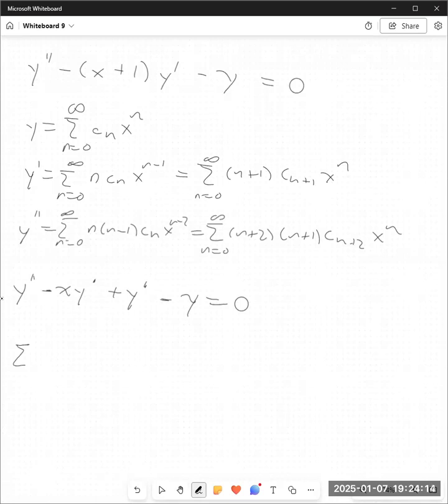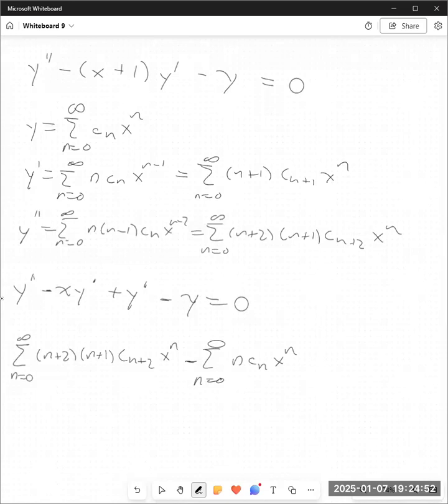So this is going to be y double prime: the sum from n equals 0 to infinity of (n plus 2)(n plus 1) c sub n plus 2, x to the n. And then if I had x times y prime, let's come back to this form here, the sum from n equals 0 to infinity of n c sub n x to the n.